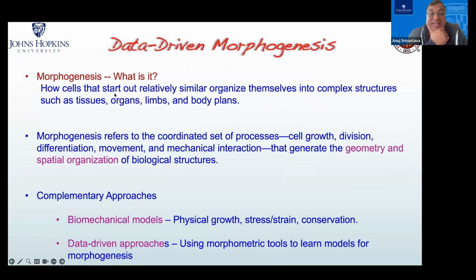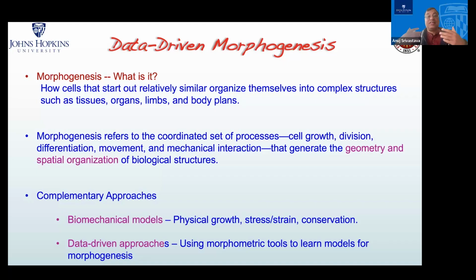I want to get to these dynamical shapes, and my pitch is learning morphogenesis from data. If you have plenty of data, this is not at all to replace the biomechanical models or biological models, but to complement them. And so this is what we want to do. If you have lots of biological growth data for individuals, you can view them as trajectories or stochastic processes on a shape manifold.